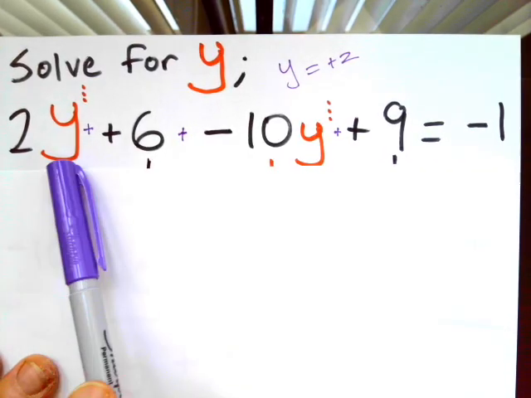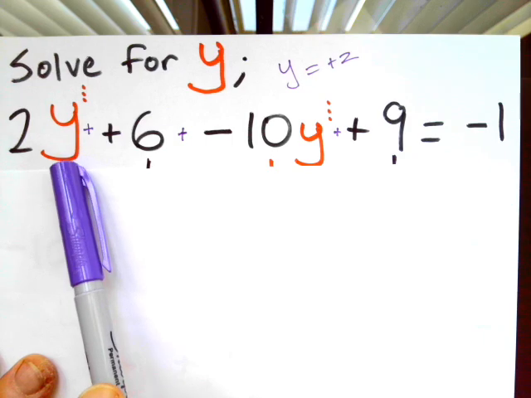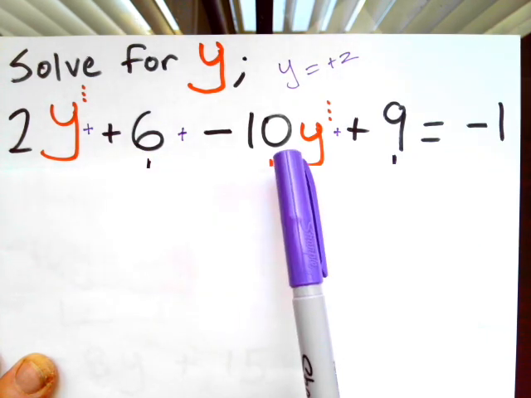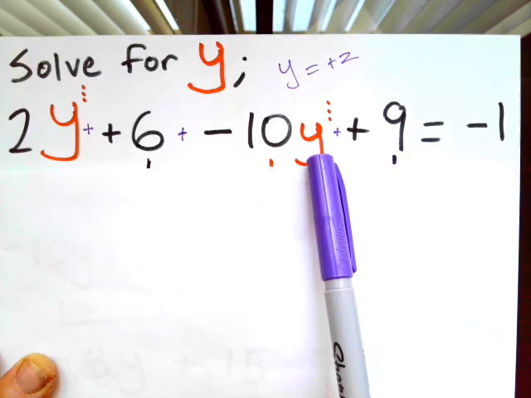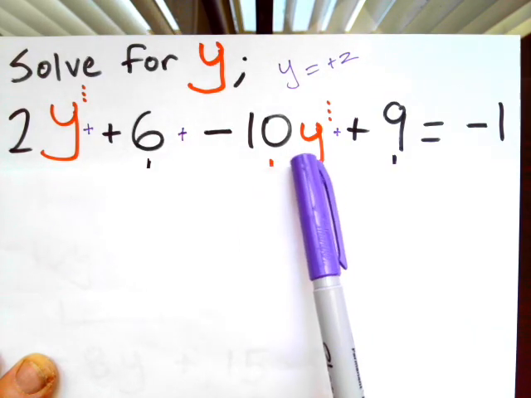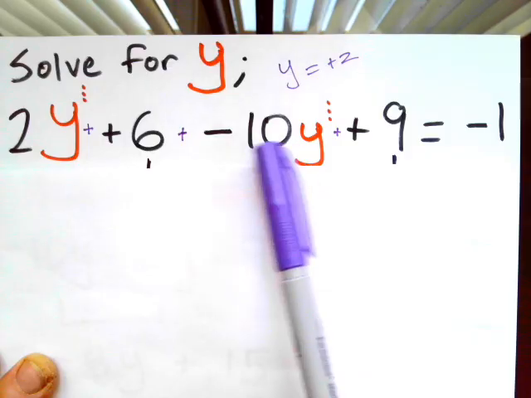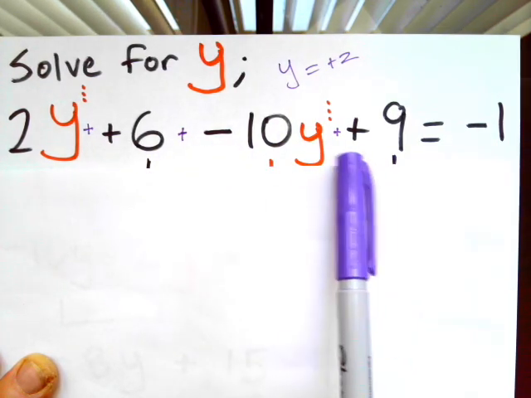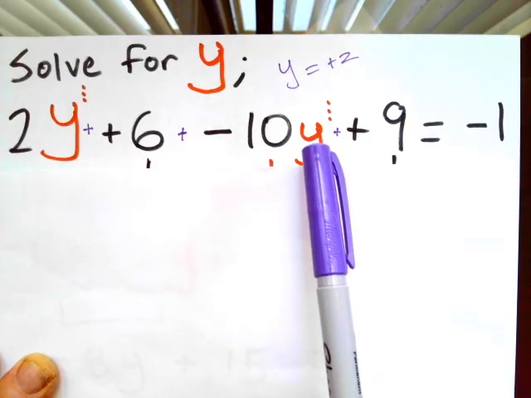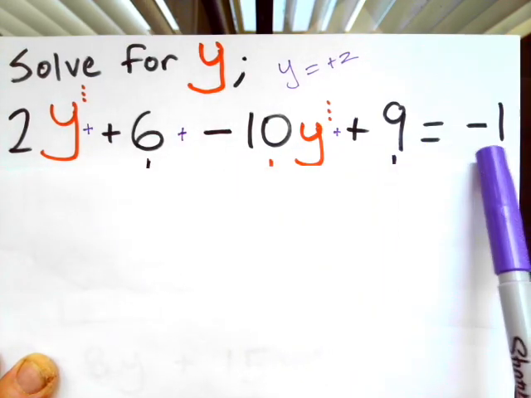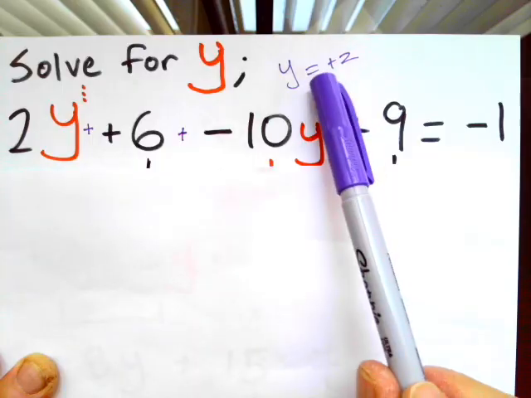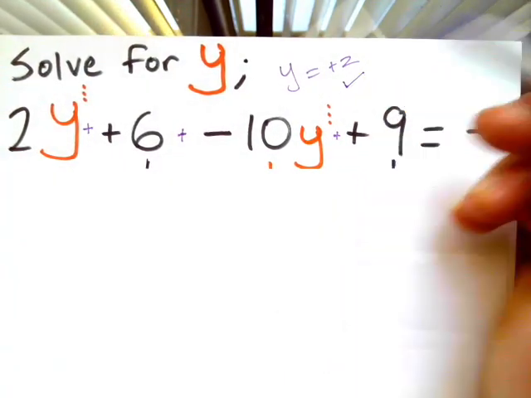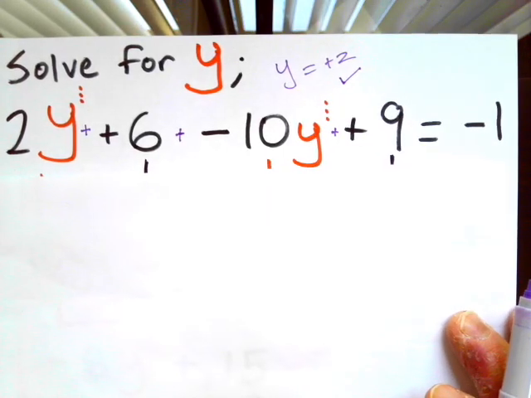And so 2 times 2 is 4. 4 plus 6 is 10. 10 times negative 10 times 2 is a negative 20. And we have 10 plus a positive 9, which is 19, plus a negative 20 gives me a negative 1. Does negative 1 equal a negative 1? Yes. So that answer checks out. y has got to equal positive 2.